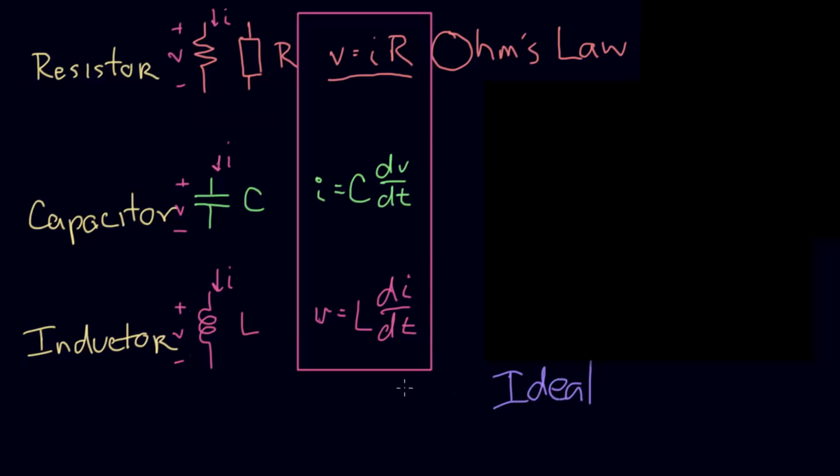That means these things are mathematical, perfect things that we have in our minds that we're going to try to build in the real world. And we'll come close. We'll come very close. We now have a wonderful set of equations. V equals IR. I equals C dV dt. V equals L di dt. These are going to be like poetry for you pretty soon. And these ideal equations will produce all kinds of really cool circuits for us.